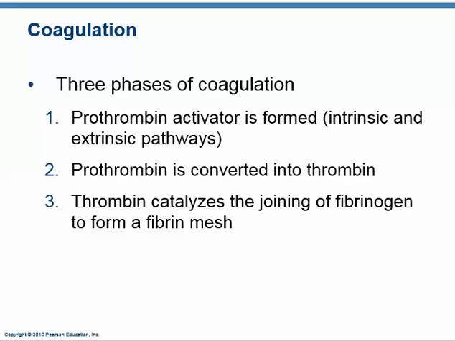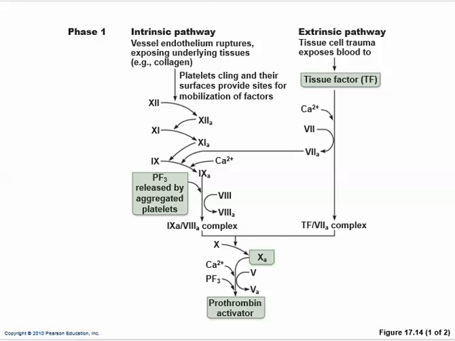And so what leads to the prothrombin activator are one of two steps. So the 2 pathways that lead to, down here, to prothrombin activator are called the intrinsic pathway and the extrinsic pathway.